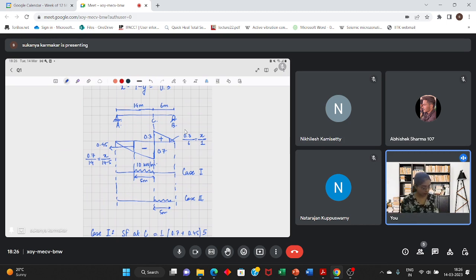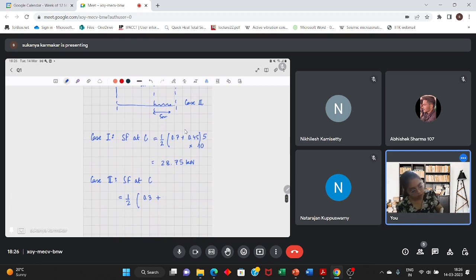So basically it is 0.05. So 0.05 into 5 into 10. So this comes out to be 0.35 into 50 divided by 2. So it is much less.